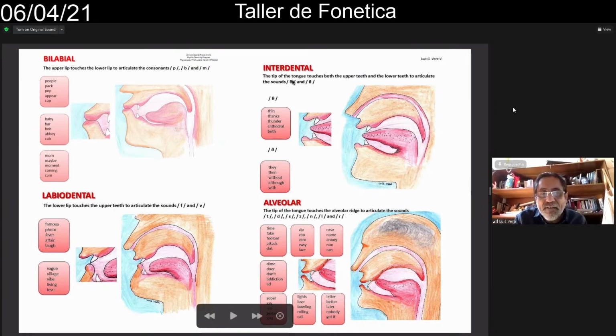Interdental: the tip of the tongue touches both the upper teeth and the lower teeth to articulate the sounds th and th. The vocal cords don't vibrate for this one, and the vocal cords vibrate for this one. What sounds are voiceless th? Thin, thanks, thunder, cathedral, both, at the end.